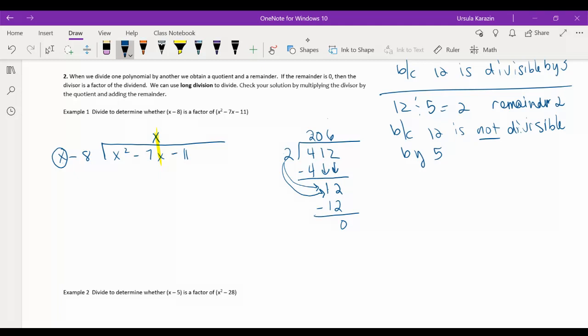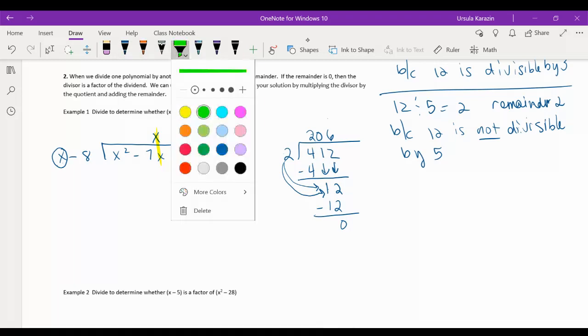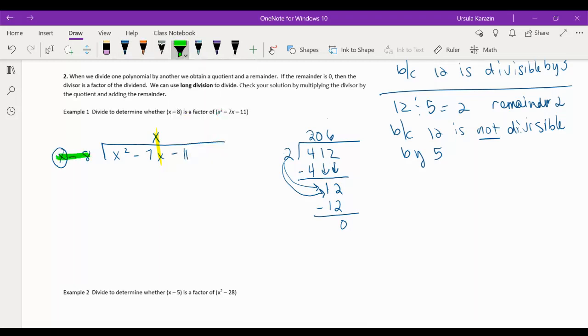Now, remember what I did over here? I took what was on top and multiplied it by what was on the left. But this time when I multiply, I do have to use this entire binomial. So the x that's on top will be multiplied by this x minus 8.